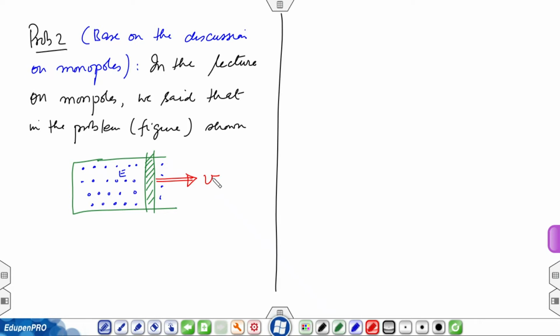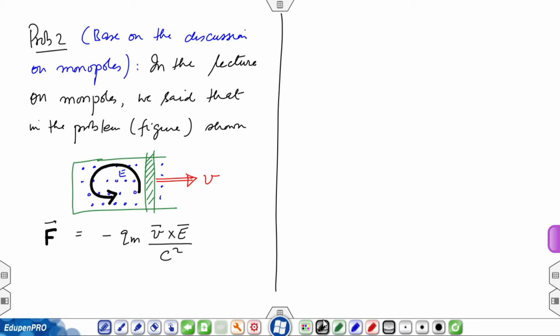So, in this case we had said that the current flows counterclockwise like this, and the force on the current is minus q m v cross E over c square.